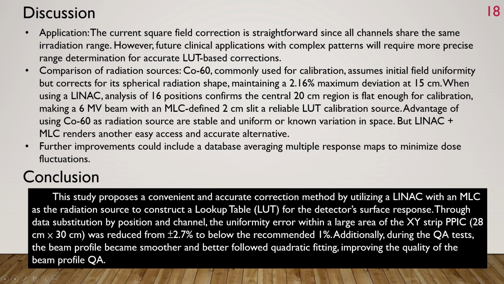When using a LINAC, analysis of 16 positions confirms the central 20 cm region is flat enough for calibration, making a 6 MV beam with an MLC-defined 2 cm slit a reliable LUT calibration source. Further improvements could include a database averaging multiple response maps to minimize dose fluctuation.